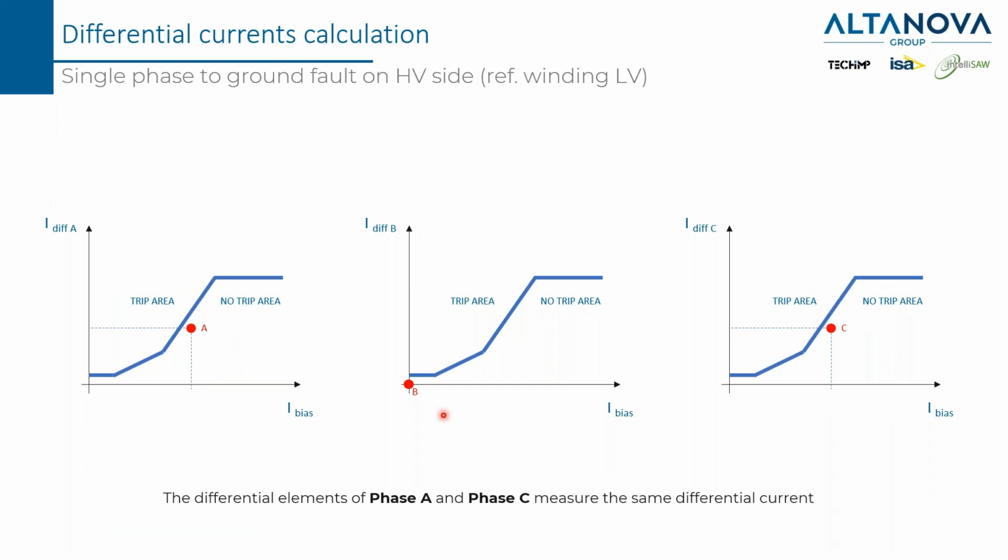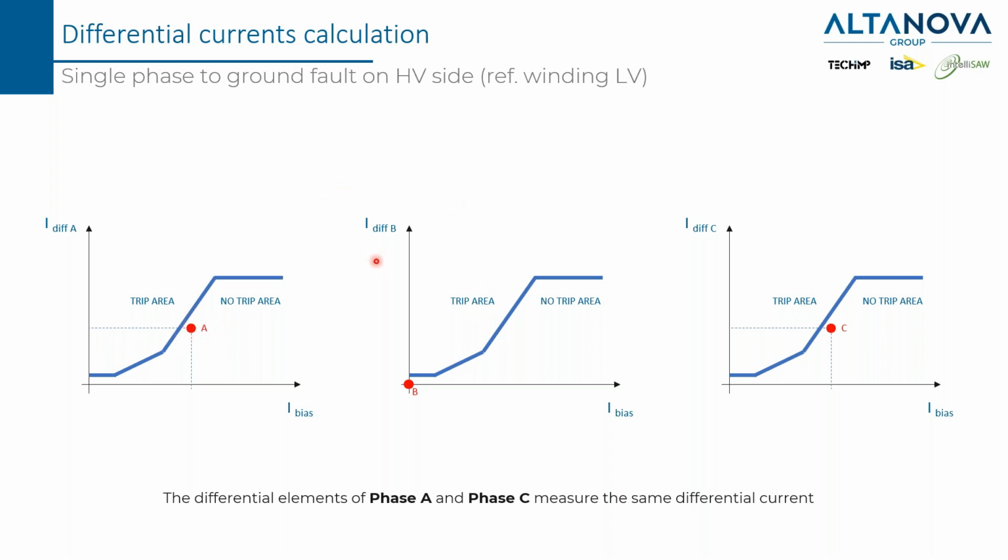If I want to see these points in the differential characteristic, I can see it in this way. So I can imagine to have a differential characteristic per each differential element. The differential element will measure this differential current.